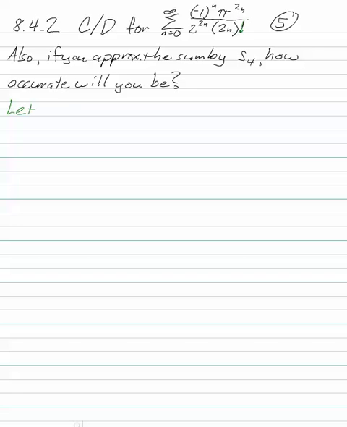Let L be the limit as n goes to infinity of the absolute value. Again, we're going to plug in our n plus 1s: negative 1 to the n plus 1, pi to the 2, look closely, n plus 1 in parentheses, over 2 to the 2 times n plus 1, times 2, replace the n with n plus 1, factorial.